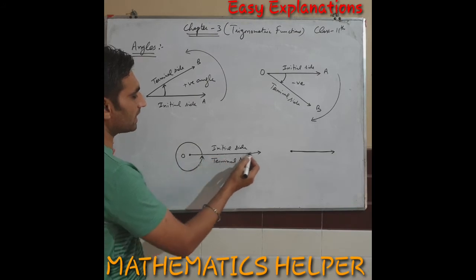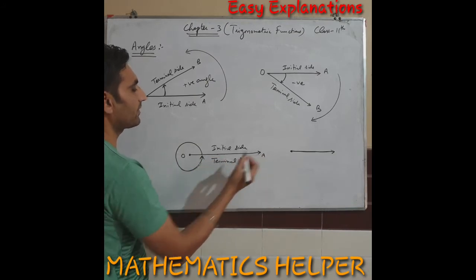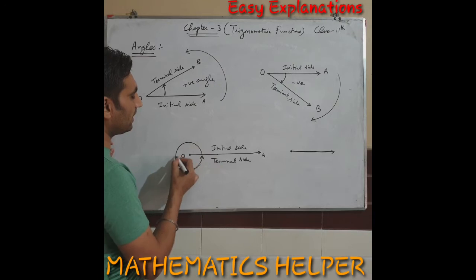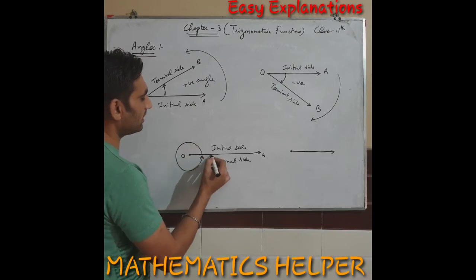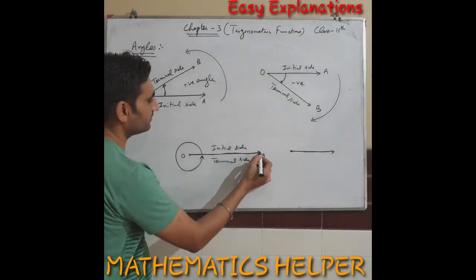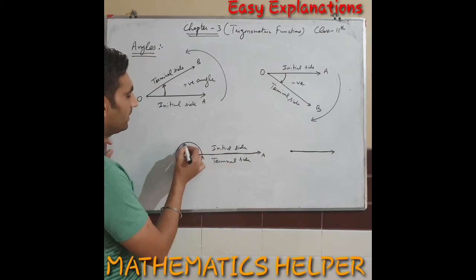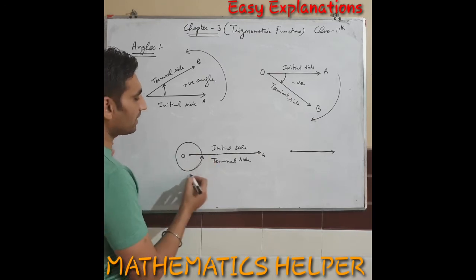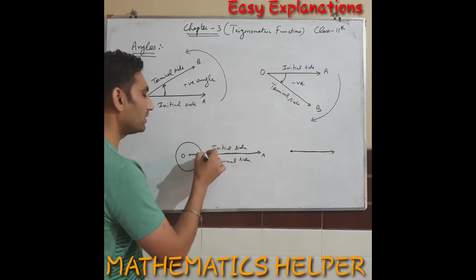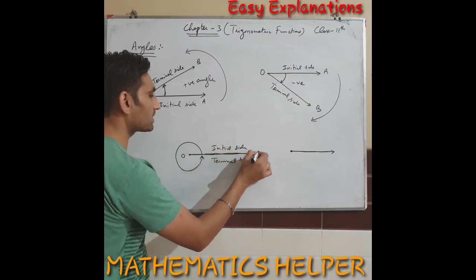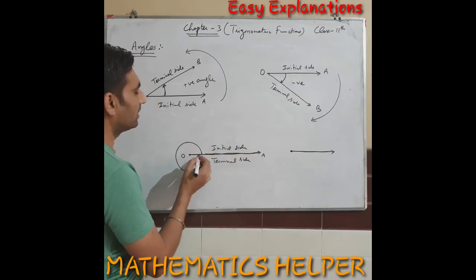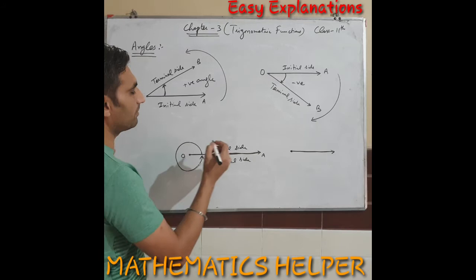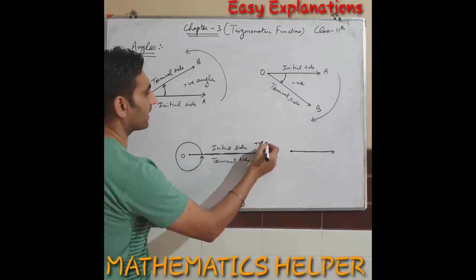So the initial side is this starting one, and when your ending line came for 360, that also overlapped with this OA, but you covered this whole round about this vertex O. So your terminal side is also the same as the initial side, but you completed one round anti-clockwise, so this will be your positive angle.